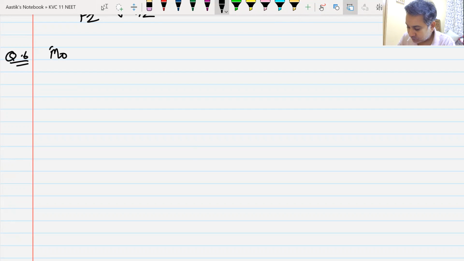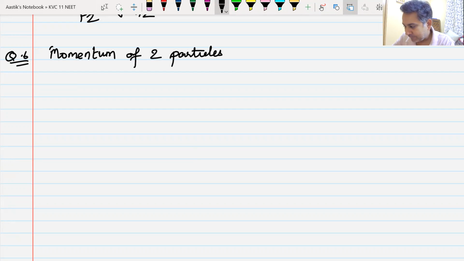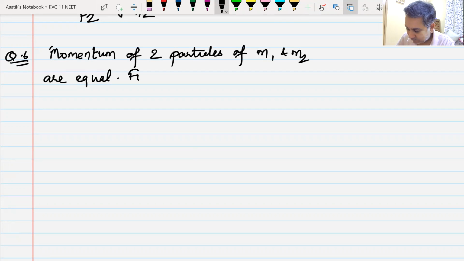Momentum of two particles of mass m1 and m2 are equal. Find K1 by K2.